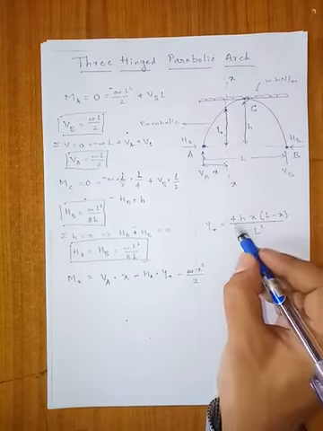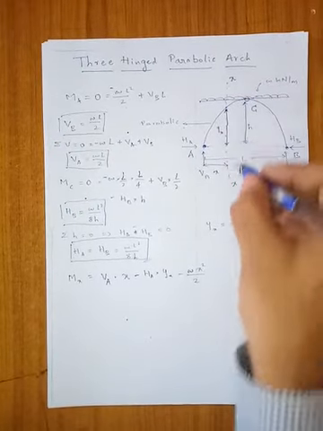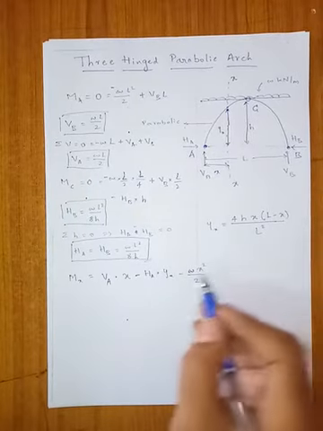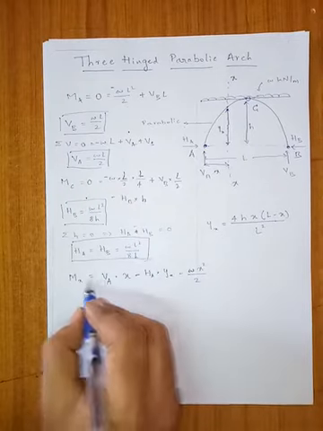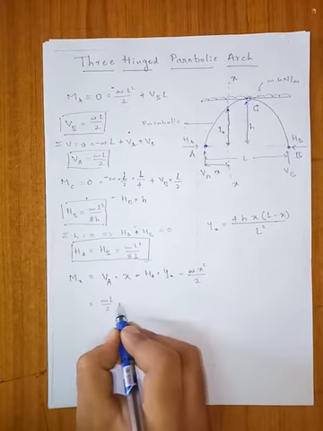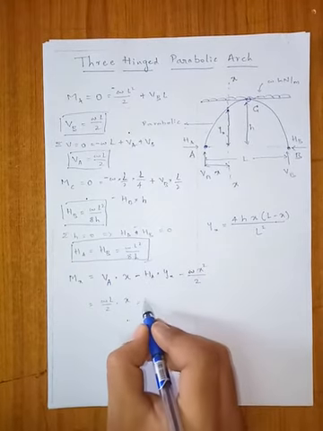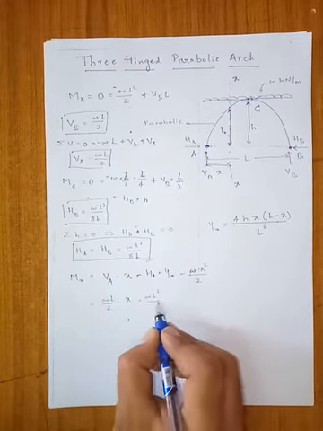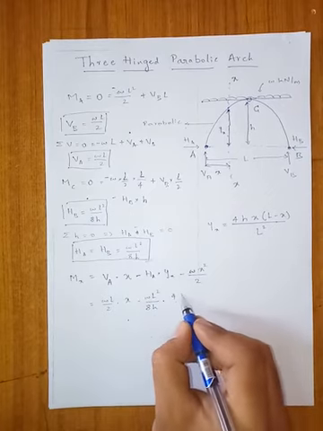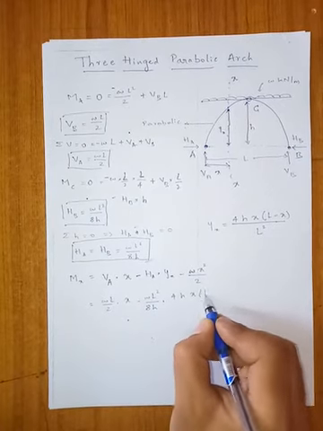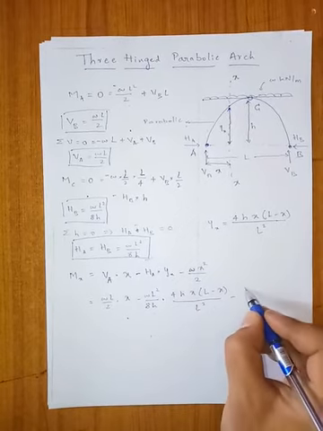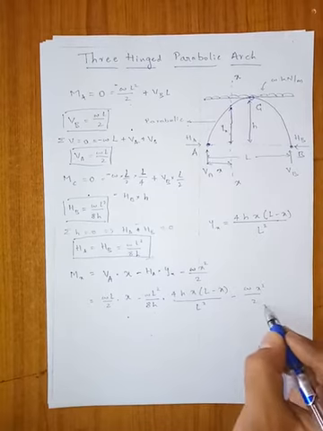This is the equation for the height of the parabola at any distance x from the support, given h and L. We'll substitute this here. Substituting all the values, we have VA is equal to WL upon 2 into x, minus HA is WL square upon 8H into y of x, which is 4hx into L minus x upon L square, minus Wx square upon 2.